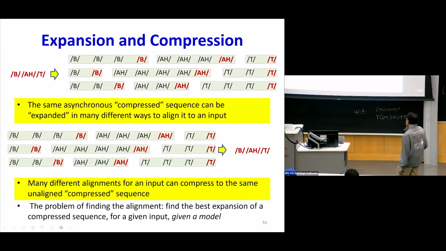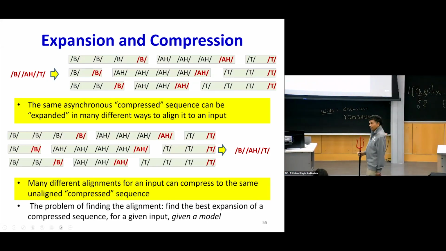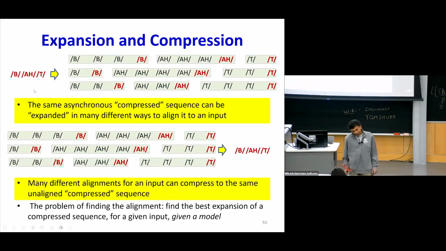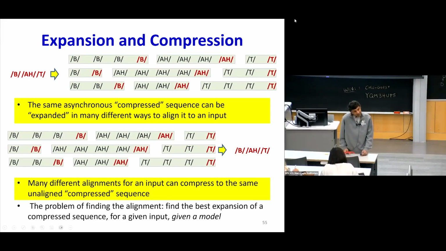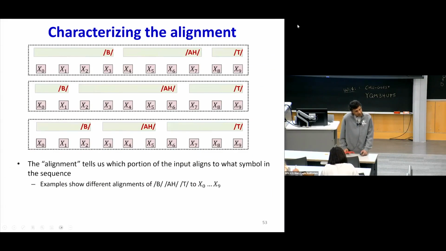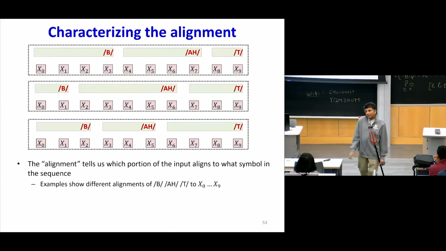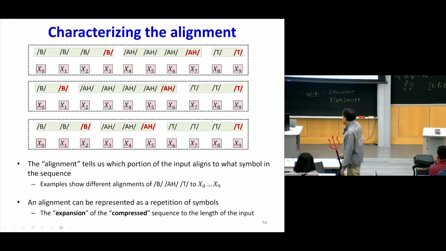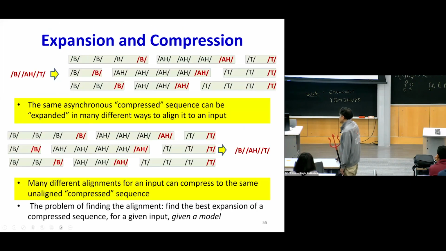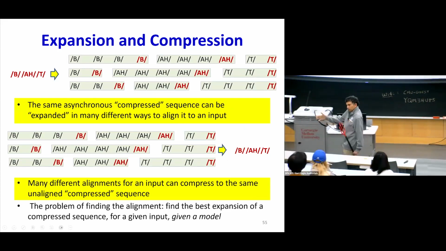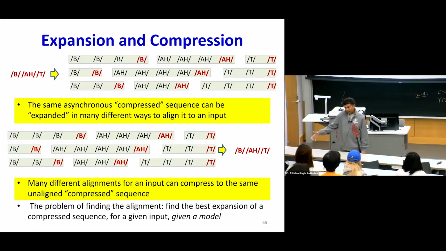So if I've got a phoneme sequence b, there's again a notion of finding the most likely alignment. And what do we mean by that? If I've got this phoneme sequence b, u, t, there are many different ways of aligning that sequence to the input, which is the same as saying there are many different ways of stretching each of the 3 symbols so that together these stretched symbols consume the entire input.